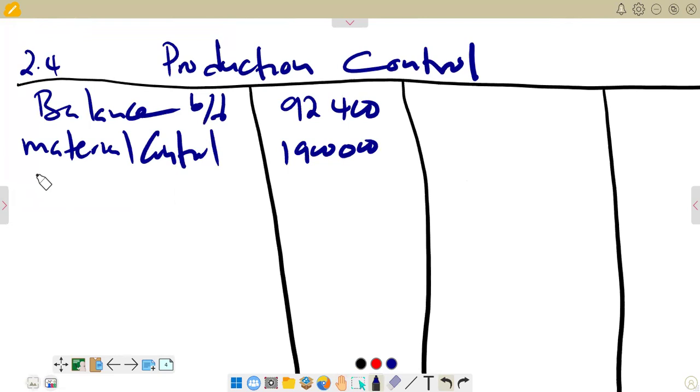Here we are saying from production control, the figure is going to come from labor control, the amount that we have is 2,088,800.